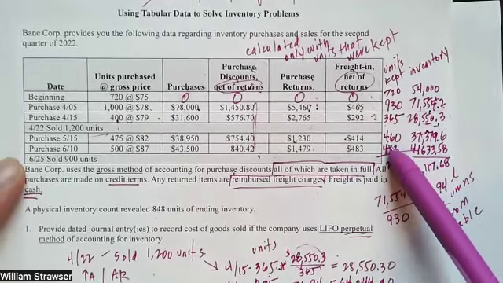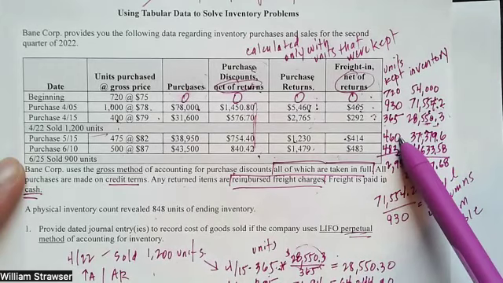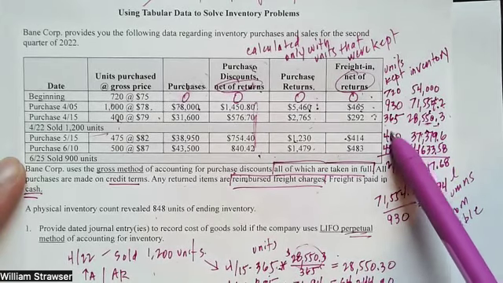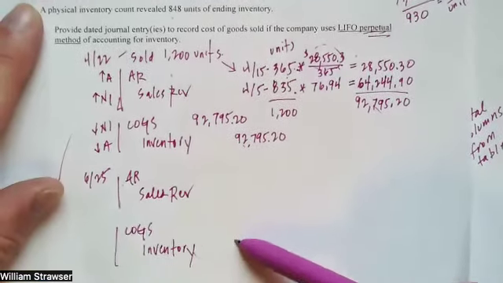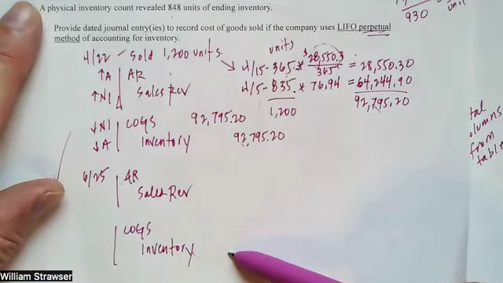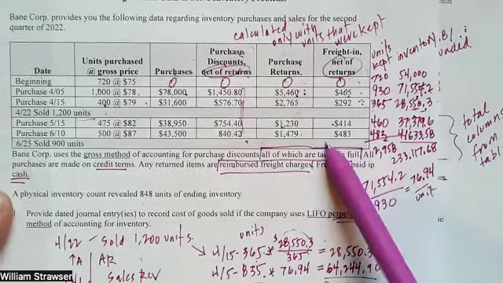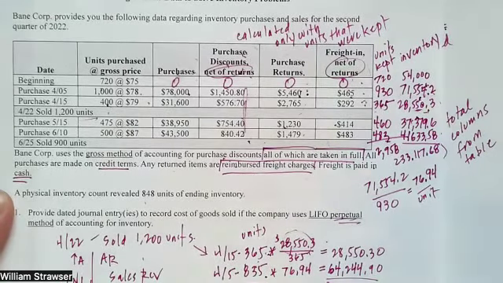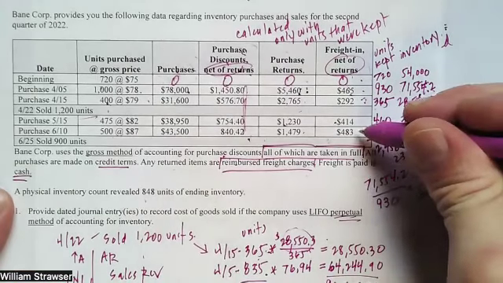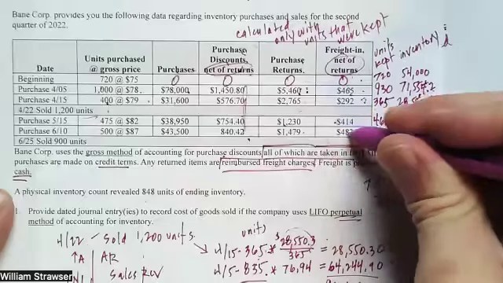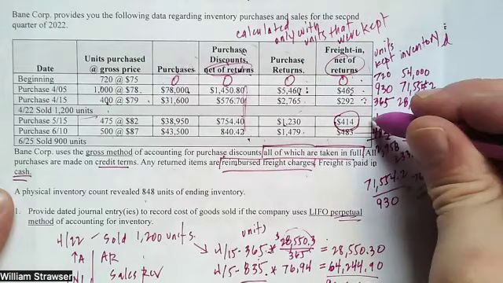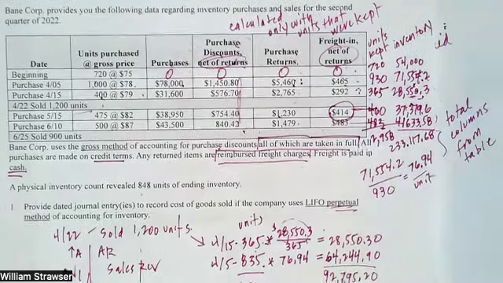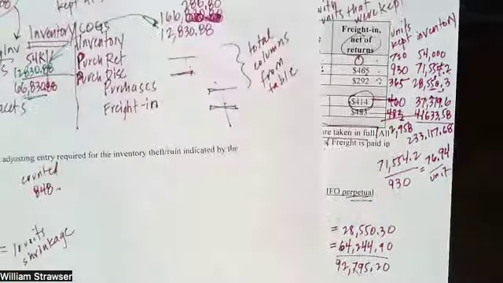All of those are gone, but this will still have some left over because I would only need 417 from this layer after taking 483 from this layer first under this piece, when I'm assigning the cost that I sold on 625. So I could not chalk my shrinkage up to this price point on June 10th because all those have been sold. But I can for this price point here.